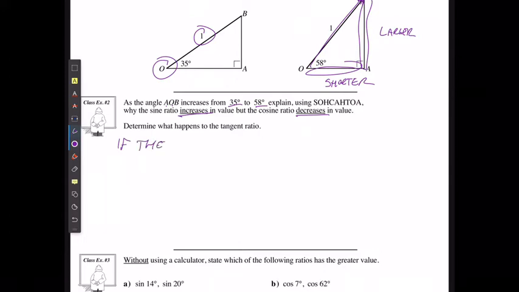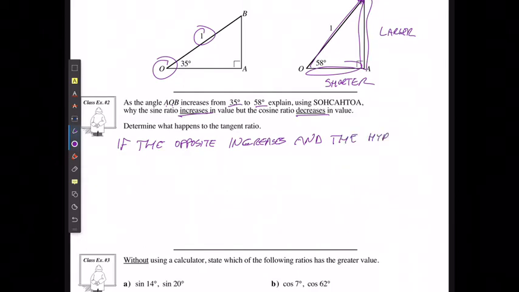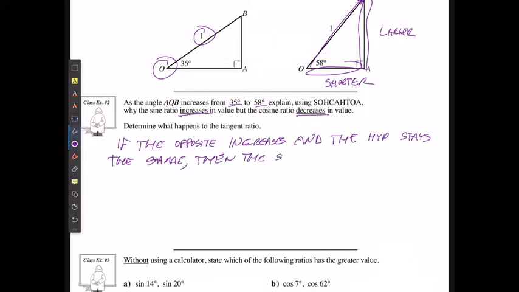If the opposite increases, and the hypotenuse stays the same, then the sine ratio, opposite over hypotenuse, will increase.